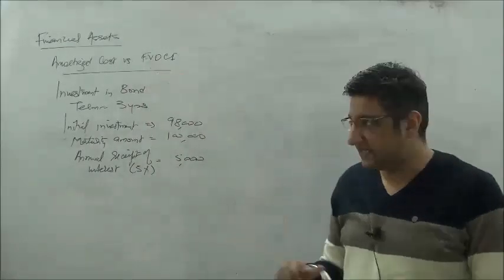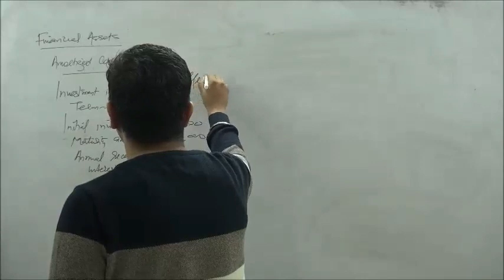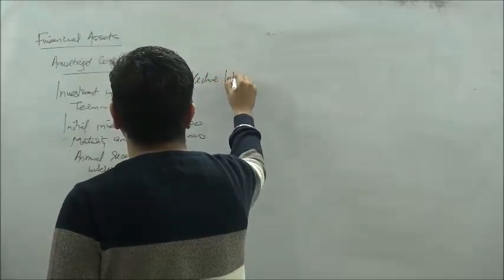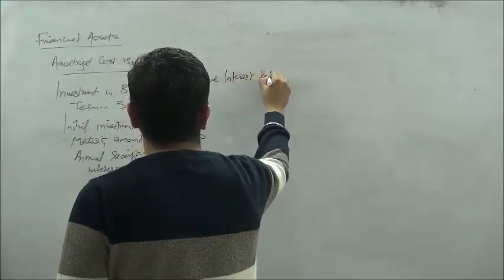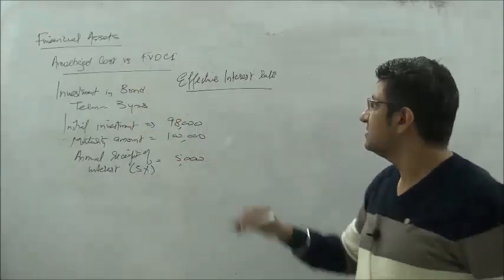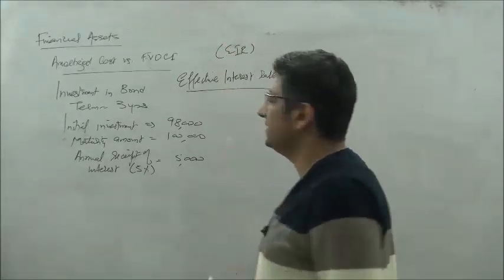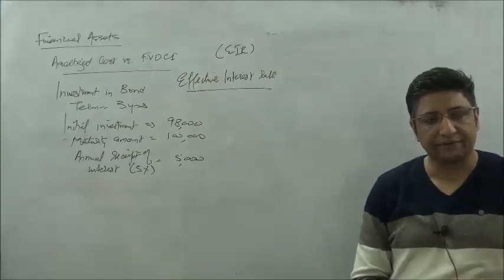Now what we need to understand here is that either it's the amortized cost method or FVOCI, in both cases we need to assess what is the effective interest rate that we receive, something which is your IRR, or as in this case we say EIR.